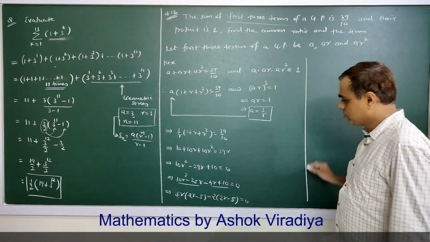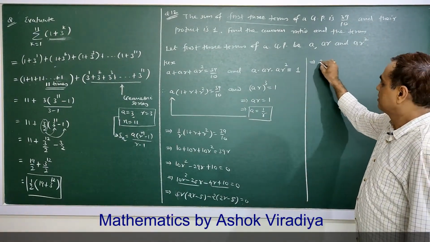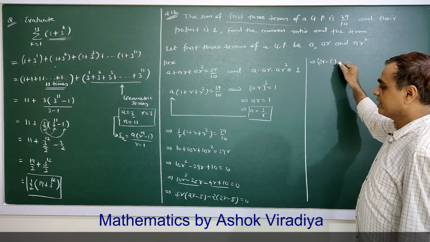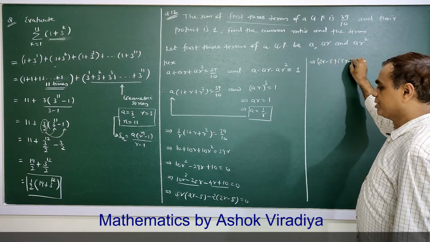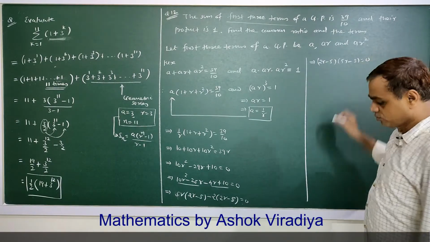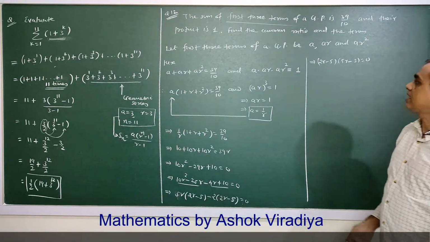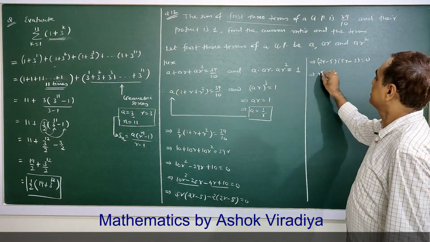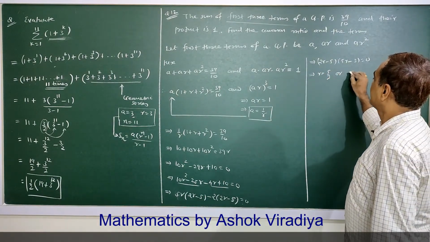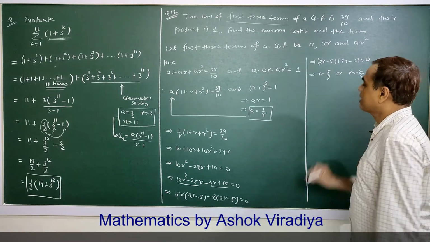So this implies 2R minus 5 into 5R minus 2 is 0. So we are going to get two values of R. So R is 5 by 2 or R is 2 by 5.